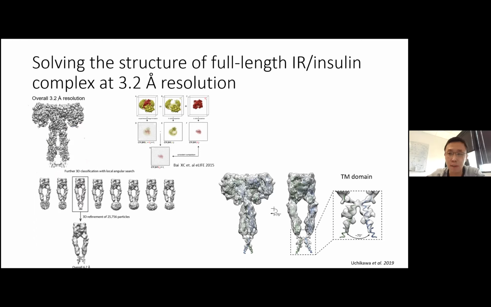But after using a focused classification approach, we can see some density for the transmembrane helix. The two single-pass TMs actually dimerize in the detergent micelle, and we can clearly see the TM density as a sausage-like density. But again, this is not at a good enough resolution for atomic model building.